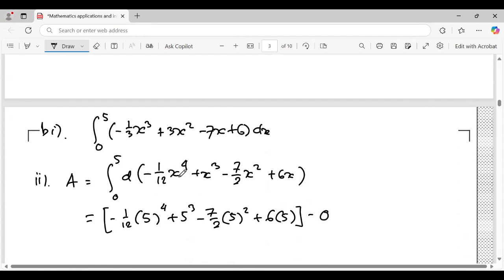If you calculate, the result is 185 over 12, or in decimal 15.4166, rounded off becomes 15.4 centimeters squared.